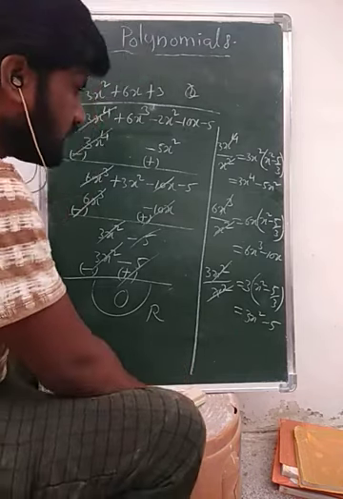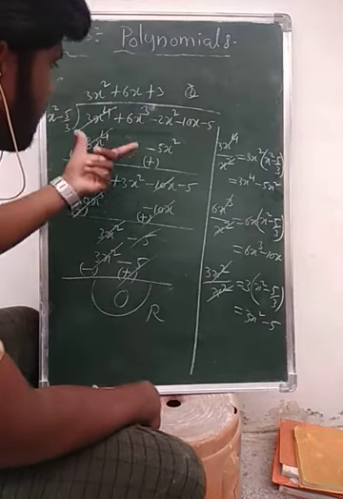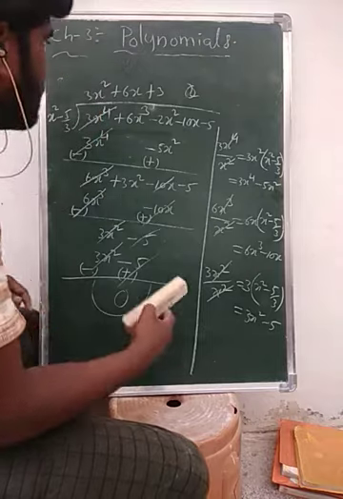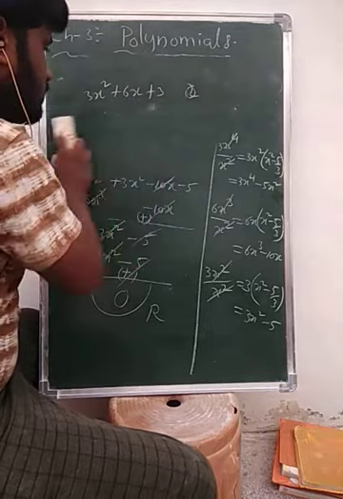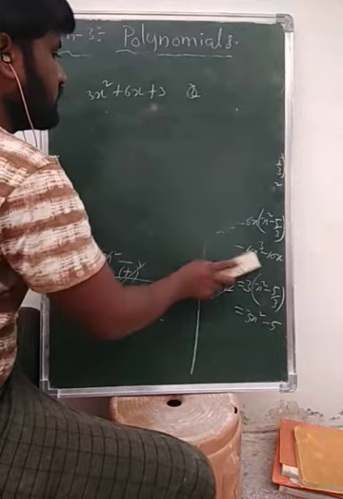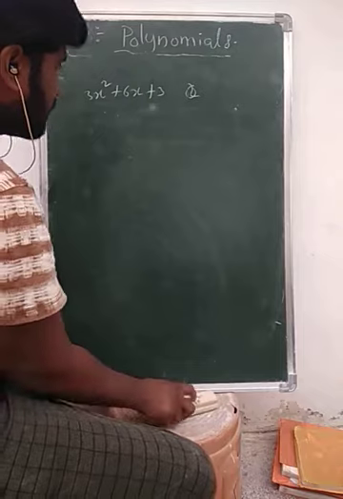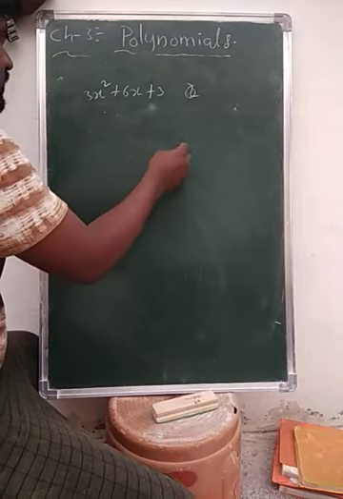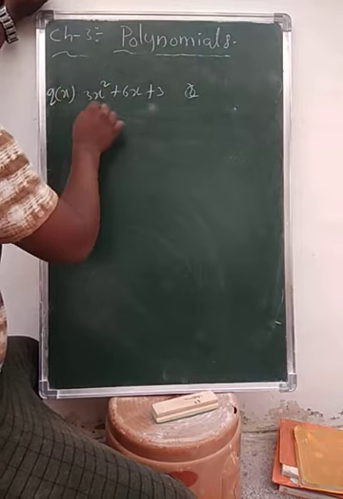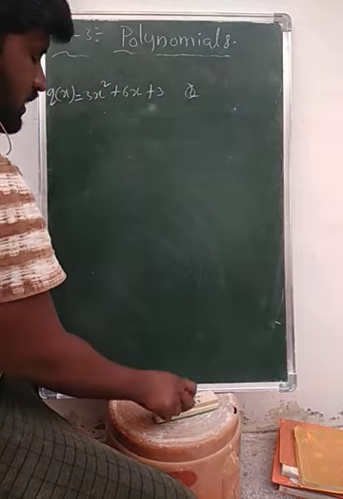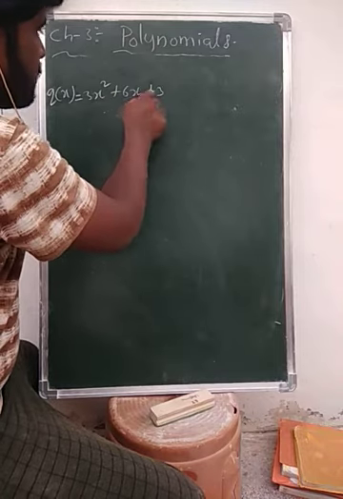Now like this, by doing the procedure step by step, we will get this. Now we want the 2 other zeros. We get the quotient q of x is equal to 3x square plus 6x plus 3.